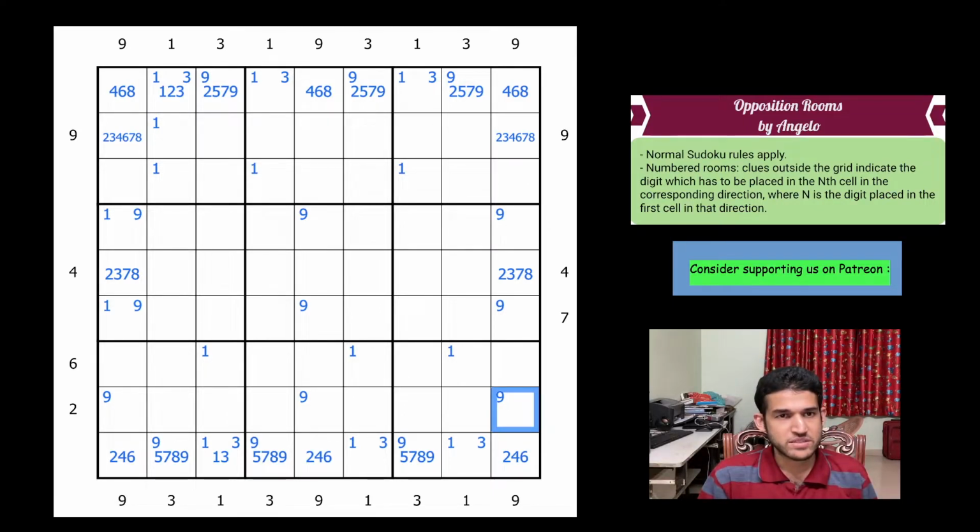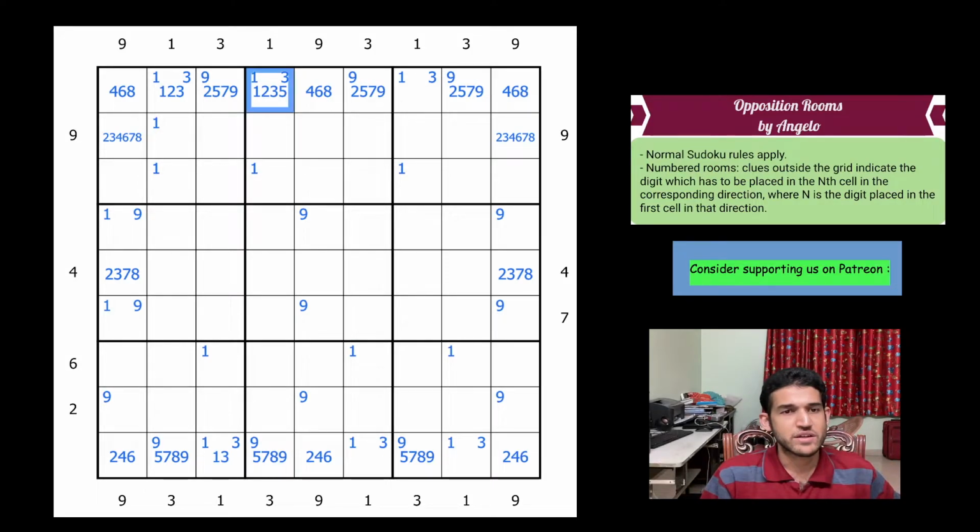If I look at this cell, it can only be 1, 2, 3, 5, and 7, because 4, 6, 8 are ruled out, and 9 is also ruled out. And 7 is not possible because you have 1 in one of these three cells. So it's 1, 2, 3, and 5.